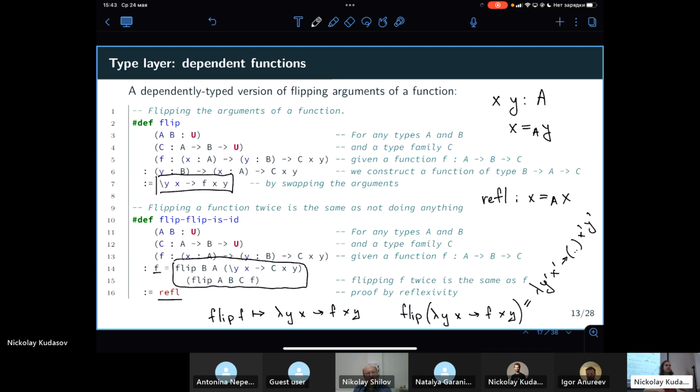After we expand everything under this lambda, we will see that in the end this reduces to lambda y prime x prime, f of y prime x prime. But this is the same as just f by the eta rule.